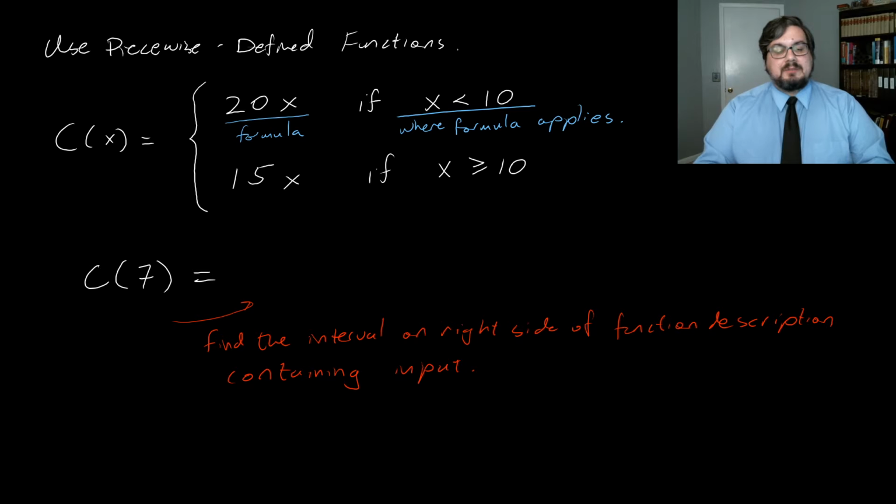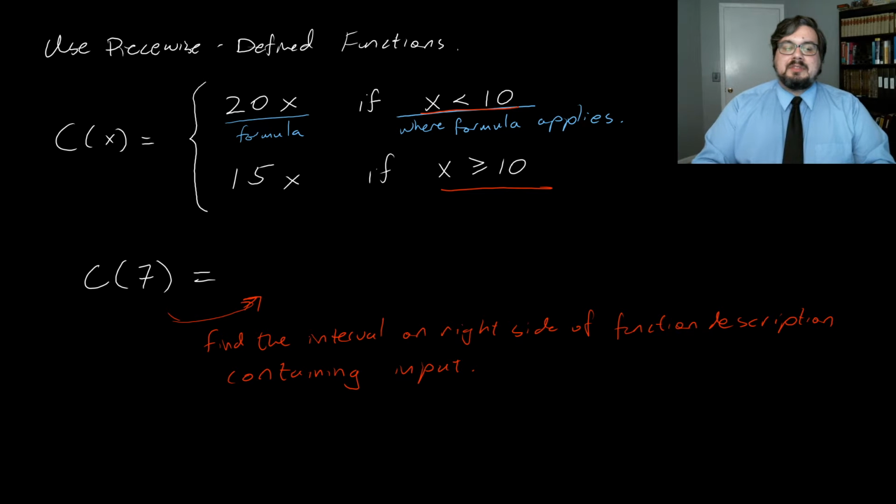In this case, if we want to find C of 7, we look at our two intervals on the right: x is less than 10 and x is greater than or equal to 10, and see which applies. Do we apply the first formula or the second?